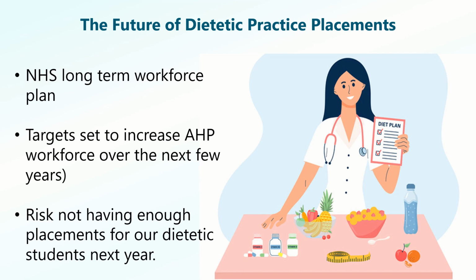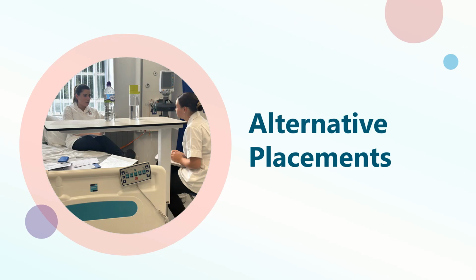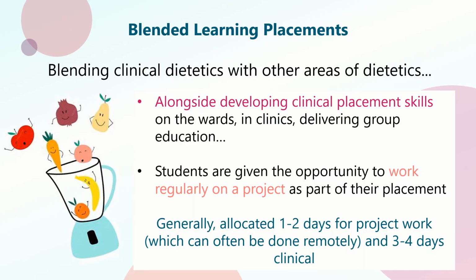So yes, you might have another student to what you normally would have, but you can send those students out in pairs and they can learn together, so you're not having to find two areas that can take the two separate students at once. So I'm going to talk you through that a little bit more, and I know the video mentioned blended learning placements, so I'm going to have a little look at that with you as well.